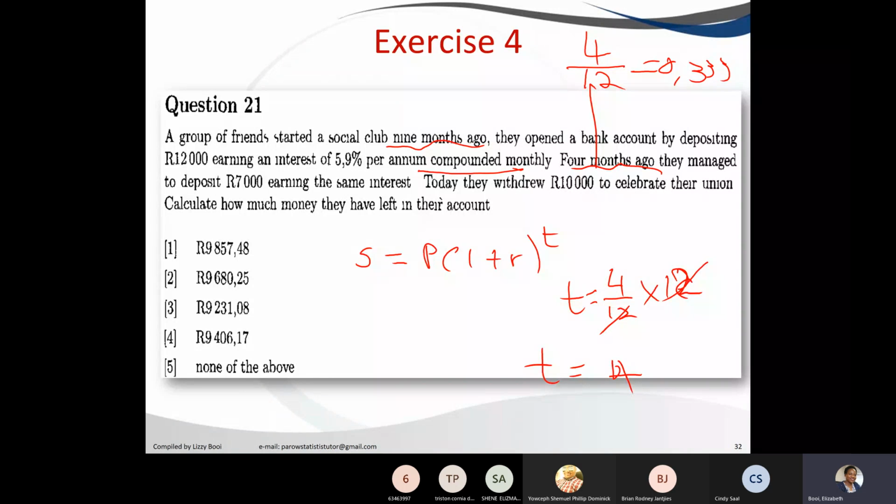If it's quarterly and they say the period is in quarters, then you don't have to do anything. But the minute it is compounded yearly and the periods are in quarters, you need to convert those quarters into a year. Or let's say here they said it's compounded quarterly, but the periods are 4 months. You just have to divide by 12 in order to get the values to be in years, and then multiply that with the compounding period.